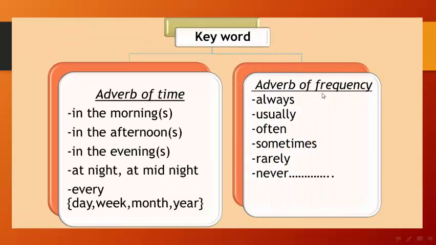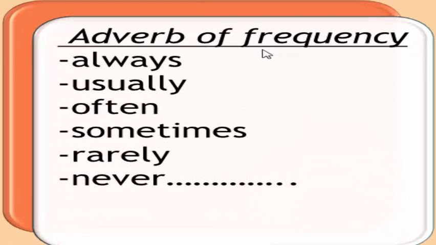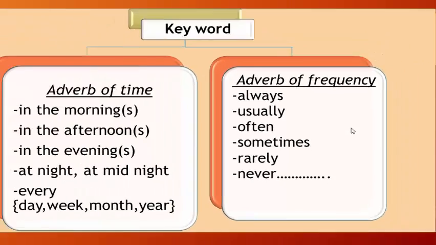And here we have the second kind of keywords, adverbs of frequency, like always, usually, often, sometimes, rarely, and never.